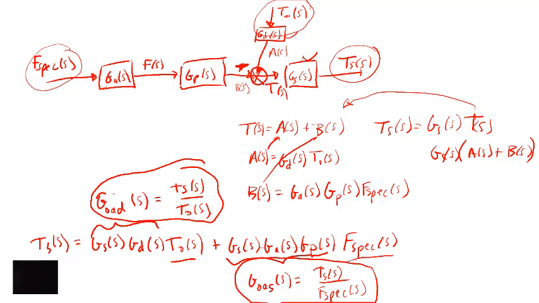Again, this tells us how the disturbance affects the sensed temperature, assuming that this is constant. And this transfer function talks about how changes in the input affect the sensed temperature, assuming that this over here is constant. If they're both changing, we can combine them by using the additive transfer functions as shown there.